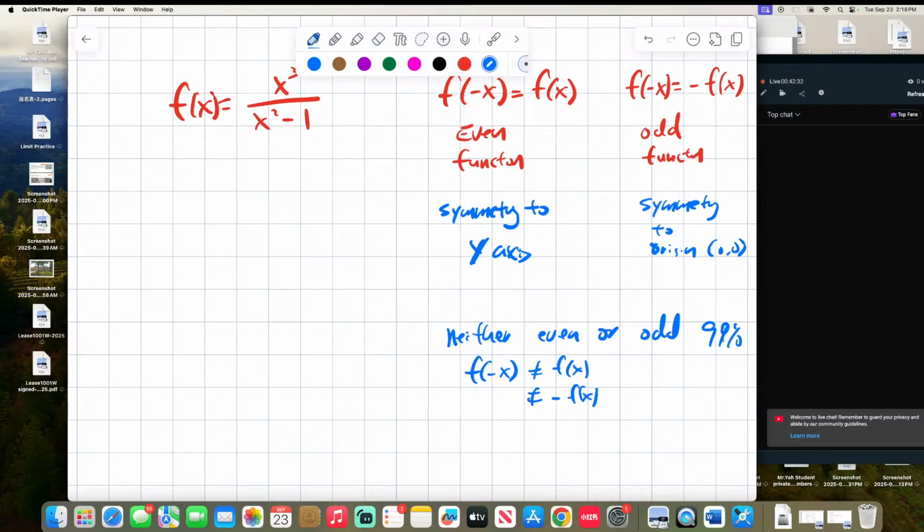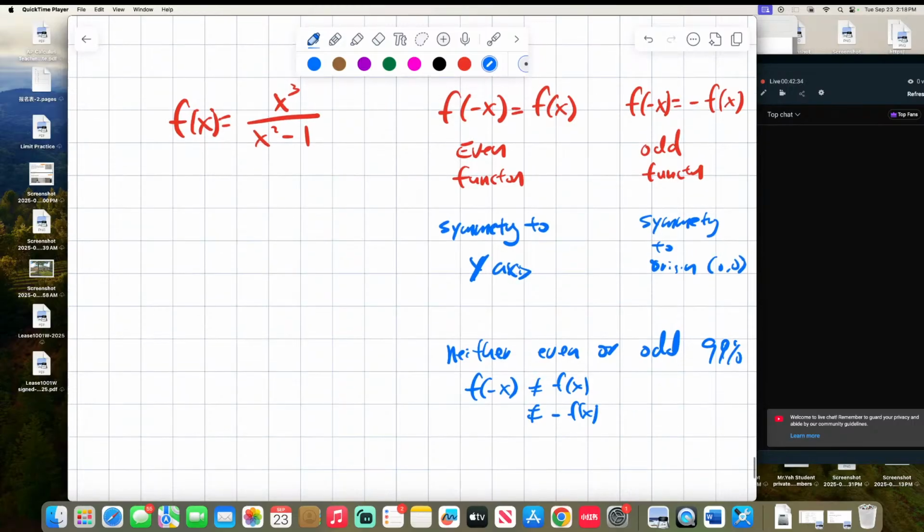So 99%. So how do I tell if this is even or odd? We're gonna say, hey, let's plug in negative x into the function. Wherever you have x, you're gonna replace it with negative x. So that means it's gonna be negative x to the third power over negative x to the second power minus 1.